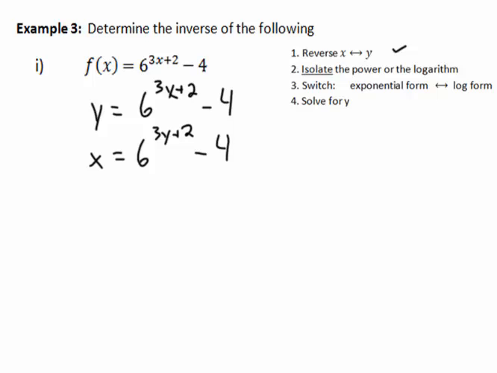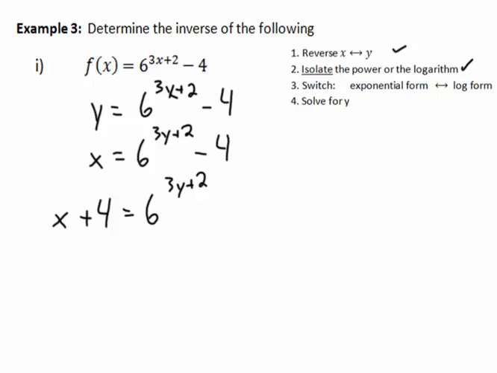Now we're going to isolate for the power in this case. So we're going to get the 6 with its exponent of 3y plus 2 by itself, and that's going to move the minus 4 to the other side, making it plus 4. And at this point, now we are done step 2.